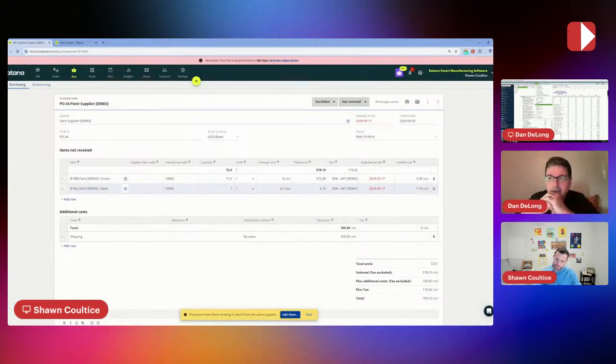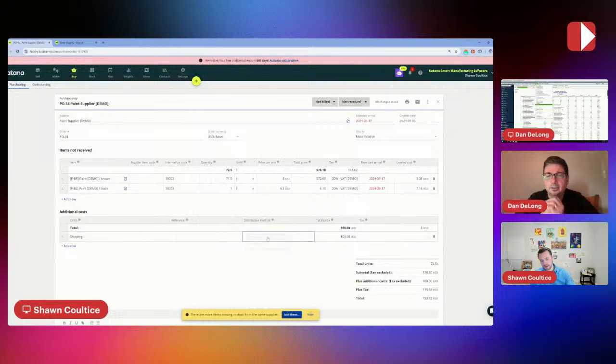What kind of preferences does that entail when you're actually calculating the landed cost? Are there any options for how to spread that across, or is it just built in where it's going to take the two different items and split that cost proportionately based on the quantities that are in there?